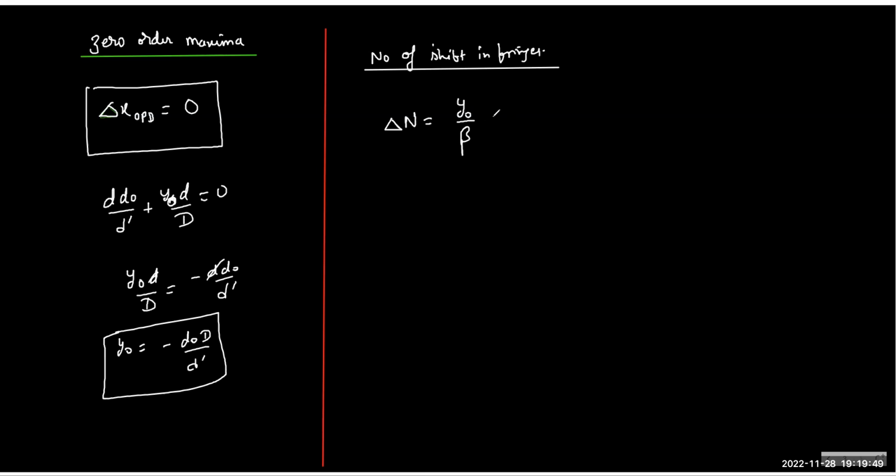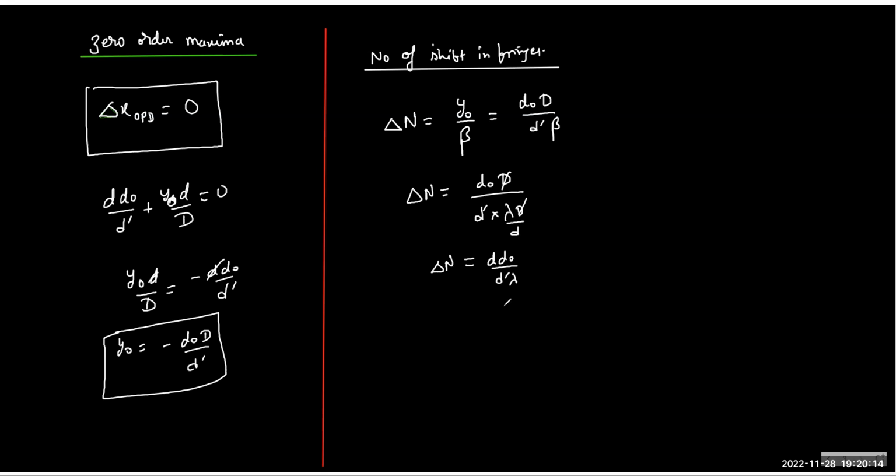And y naught I will put in as a value, because I know the rest is of no use upon beta. If you look carefully, you will realize a lot of things. Beta is what? Lambda D by d. D gets cancelled, and what you get is d naught by d dash lambda.